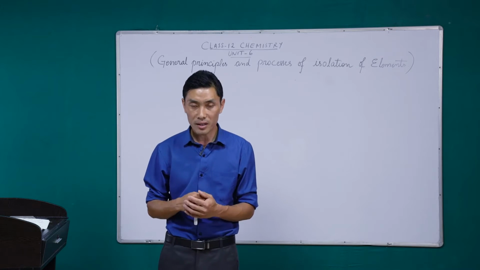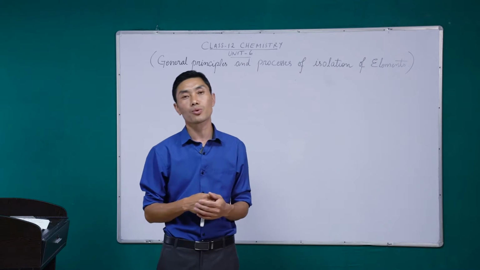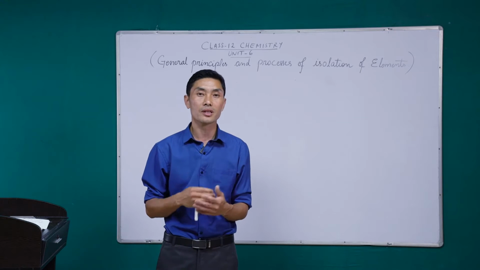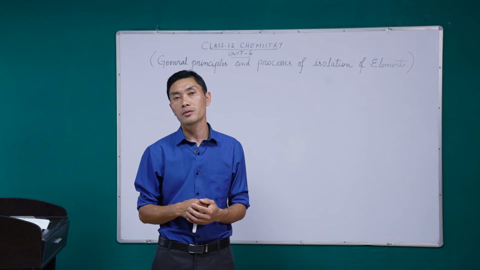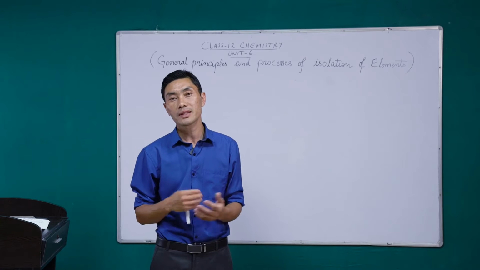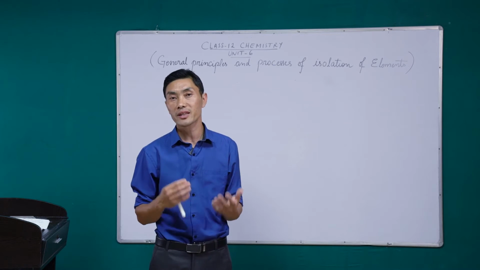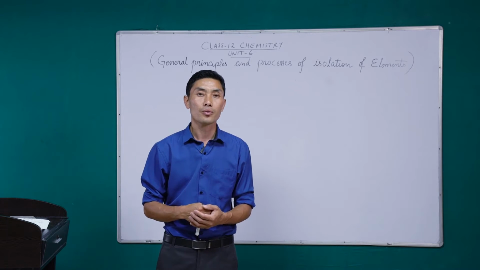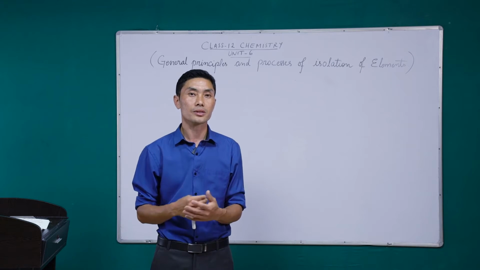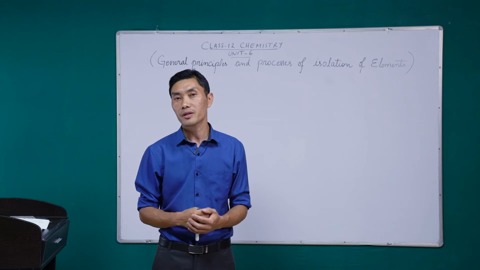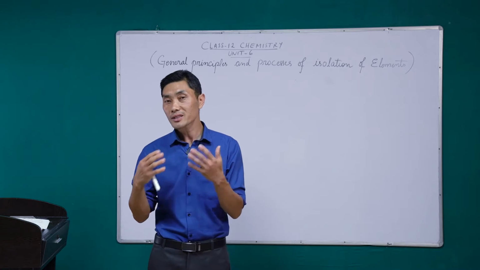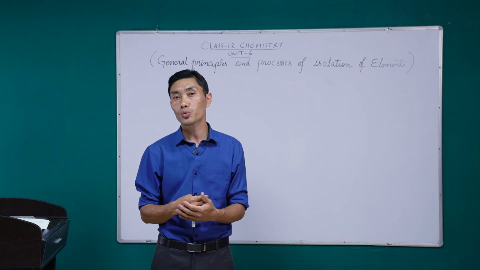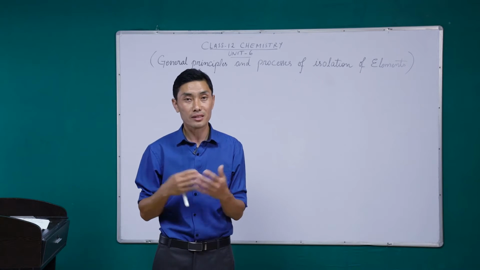The free or uncombined state of a metal is called the native state of the metal. So metals like silver, gold, platinum, being very less reactive, are found in native state in nature. Whereas there are those metals which are very highly reactive, and therefore they combine easily with other elements. These metals will be found in the combined state, not in the free state.